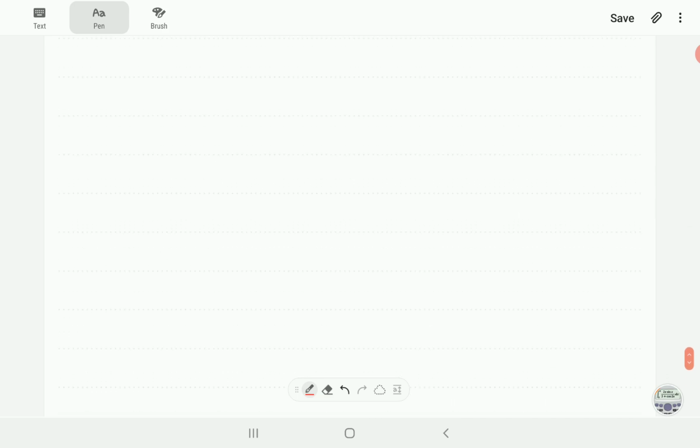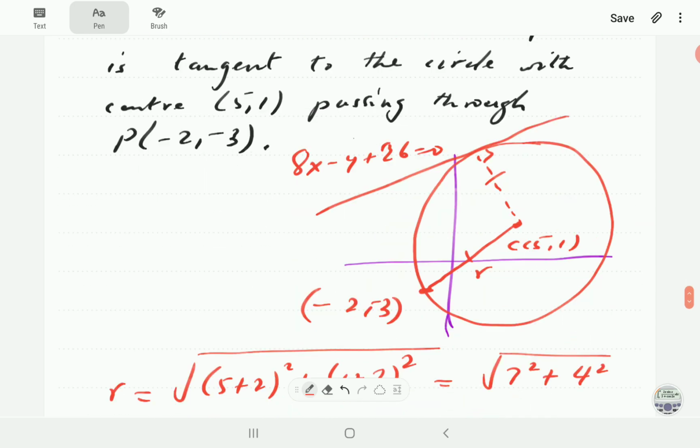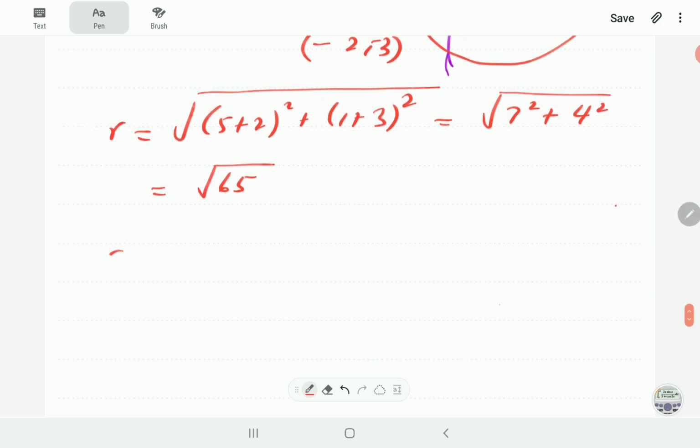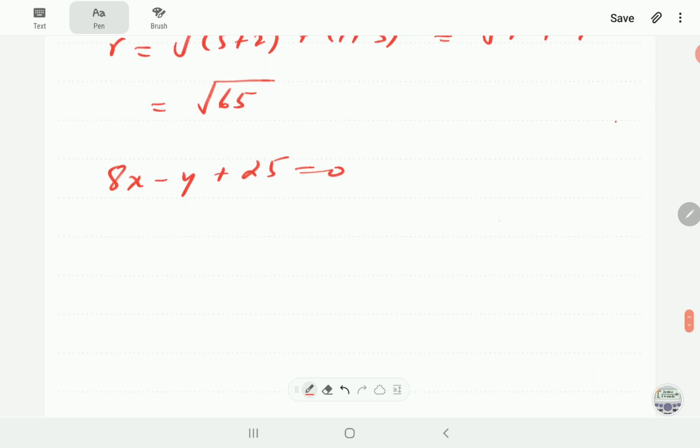Then we're going to need to find the distance from the center to the line, the perpendicular or the normal distance. So that we can find by first converting this equation to normal form and then plugging in the coordinates 5, 1. Okay, so we have 8x minus y plus 26 equals 0.